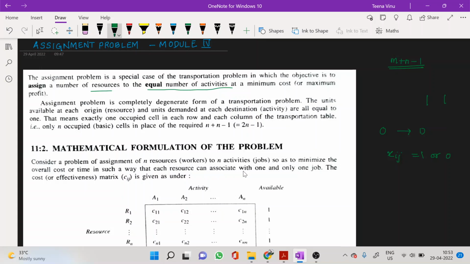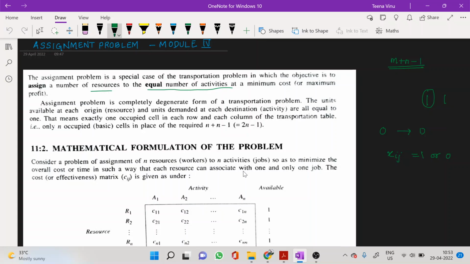That's why we say that the marginal values, that is the total demand or total supply corresponding to each origin point or each destination point, must be equal to 1, because there is only one assignment in a row, and that one assignment should be 1. So xij can only be 1 or 0. All these things will be explained in detail while we do a particular problem.